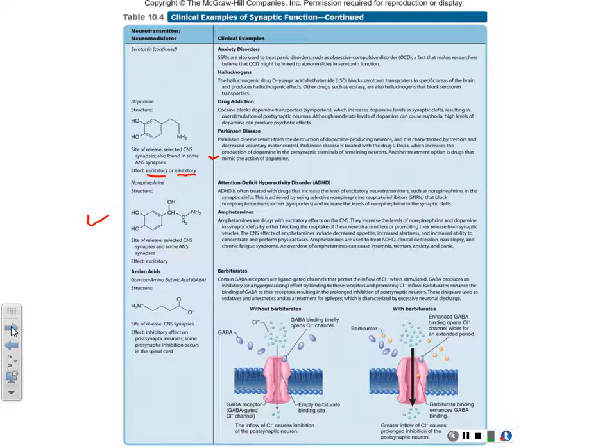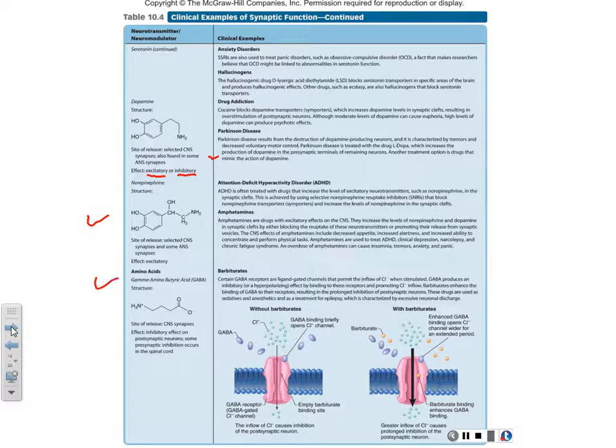But that comes with the price. After a while, you start to remove those receptors because there's just too much on board. That's how the body deals with too much stimulation. It will just remove the receptors, and then it's hard to replace them. So that's why when you go into rehab, it takes a long time to shake it off, because you have to get back those receptors and so forth.